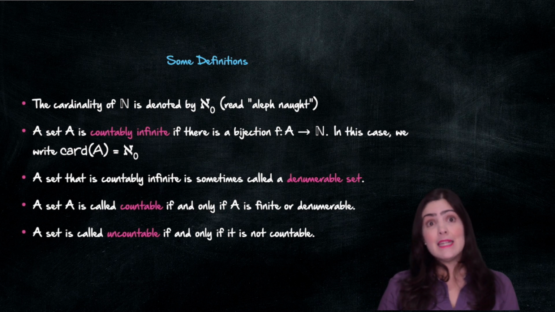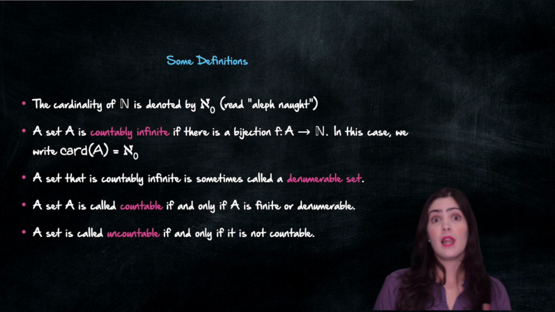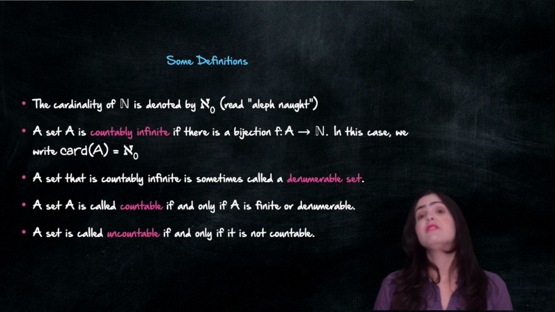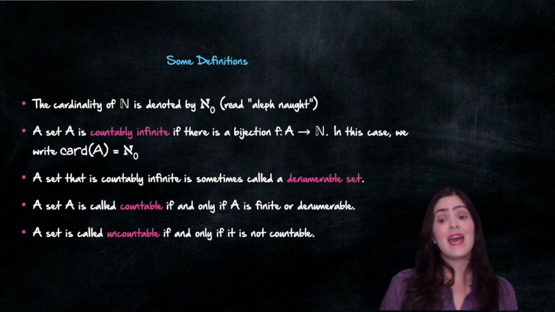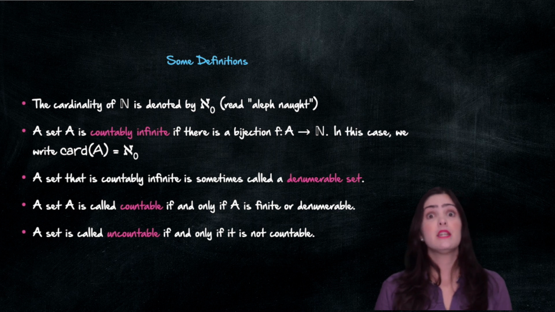First, the cardinality of the natural numbers is denoted by this letter aleph, which is a letter in the Hebrew alphabet. So we read it aleph naught. A set A is countably infinite if there exists a bijection between A and the natural numbers. In this case, we write that the cardinality of A is aleph naught.